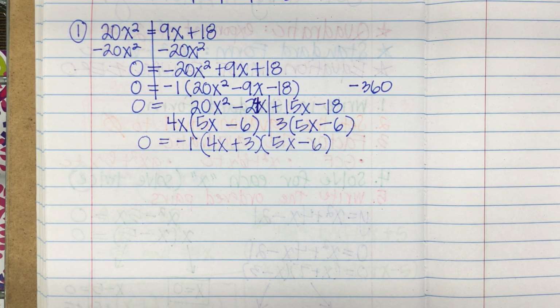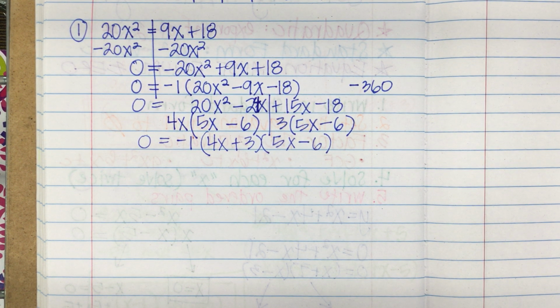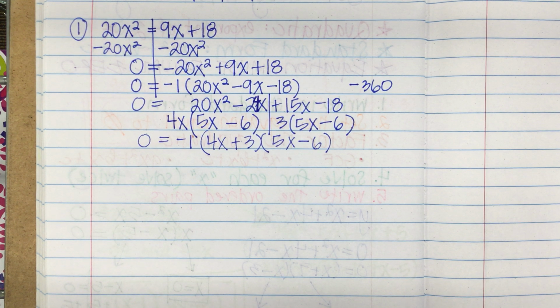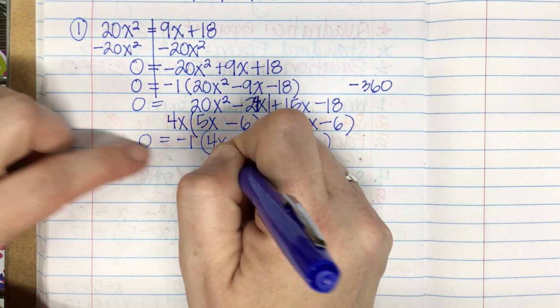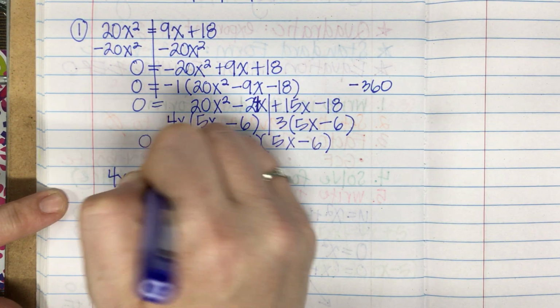Did I factor it? This is what we've been practicing, right? The new part is solving. I'm going to take this guy and solve. 4x plus 3 equals 0.